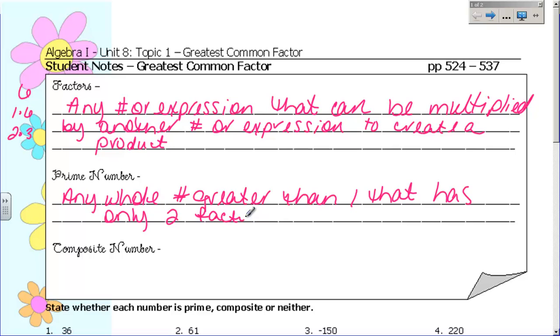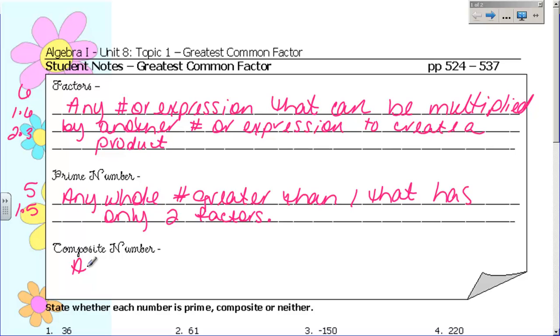Always those factors are 1 and the number itself. For example, the number 5 is prime because the only 2 numbers that multiply to equal the number 5 are 1 times 5. So it only has 2, 1 and 5. That's it. There are no other whole numbers that will multiply to equal it.